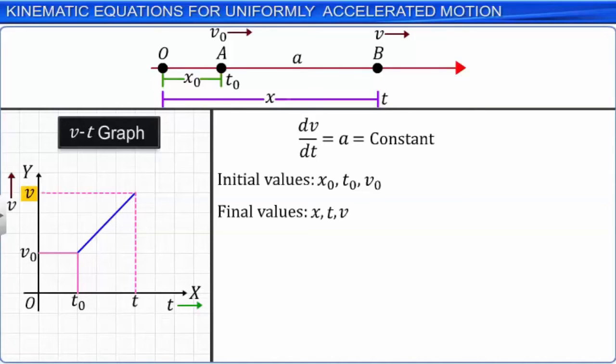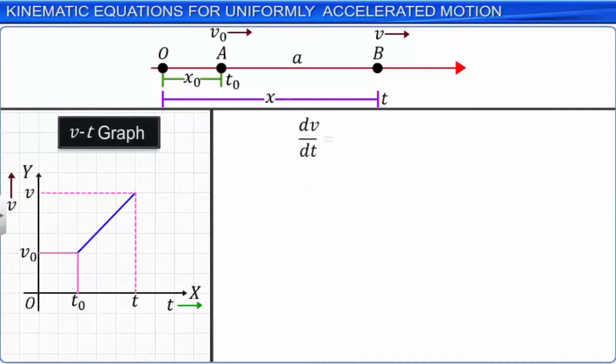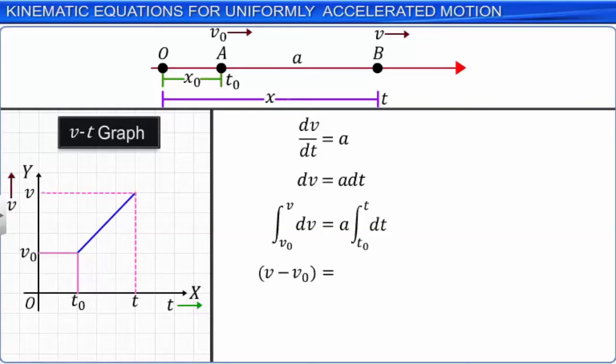By cross-multiplying, we get dv equal to a into dt. Integrating both sides, integral v0 to v dv is equal to a into integral t0 to t dt. v minus v0 is equal to a into t minus t0. Rearranging the equation, v equals v0 plus a into t minus t0. This is equation 1 of motion.